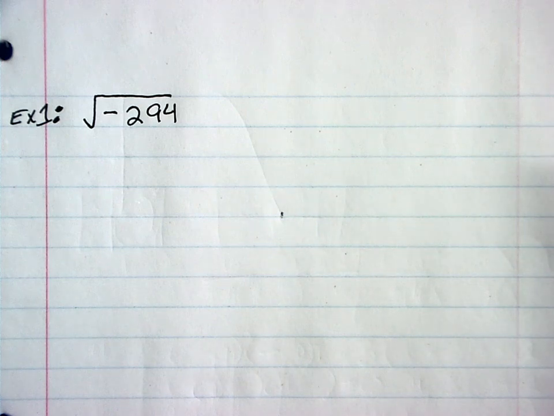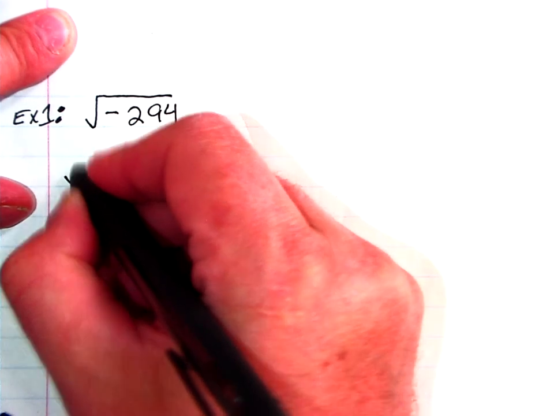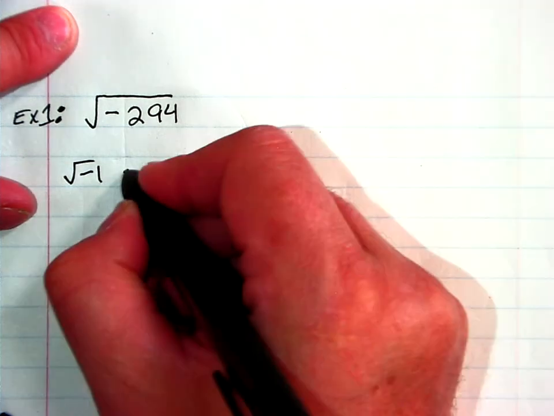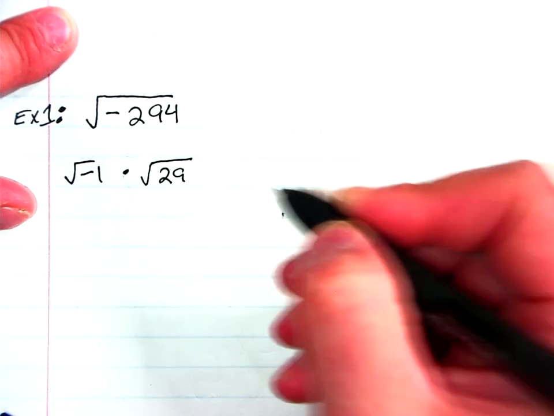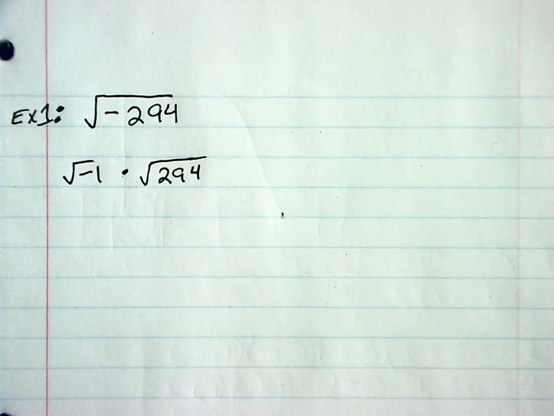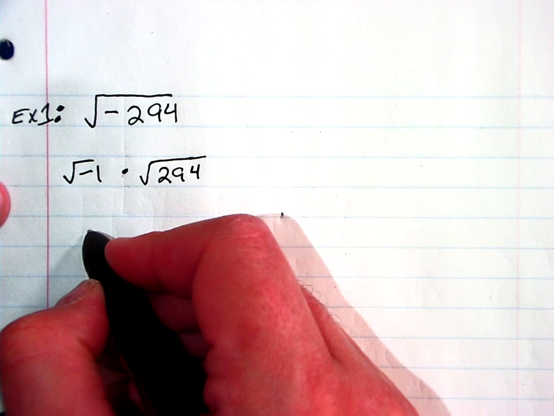First of all, this is going to split into 2 pieces before we even start. We're going to pull the negative 1 out because we don't like the negative 1 being under our radical. So square root of negative 1, there, I just got it out. When I do that, what's left? You're a step ahead. 294, square root of 294. And as you correctly said, the square root of negative 1 turned into i.